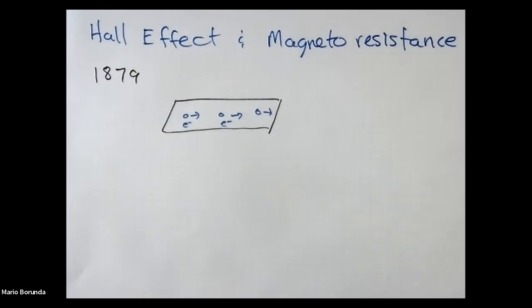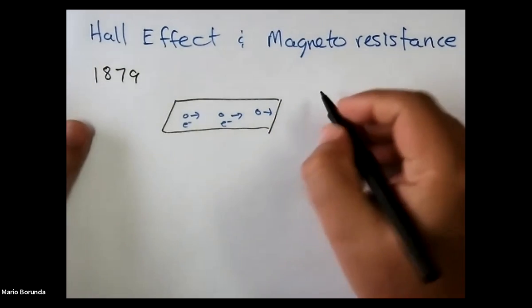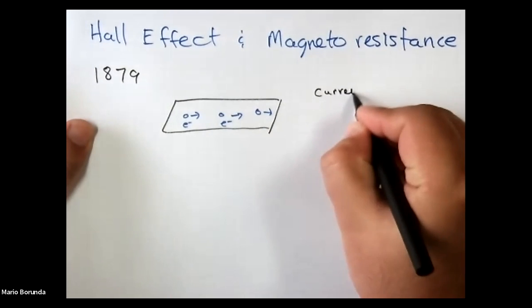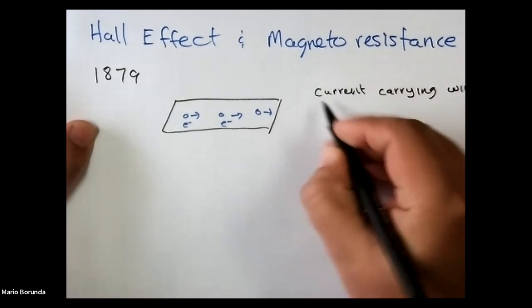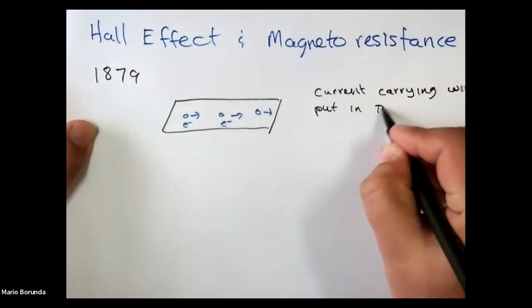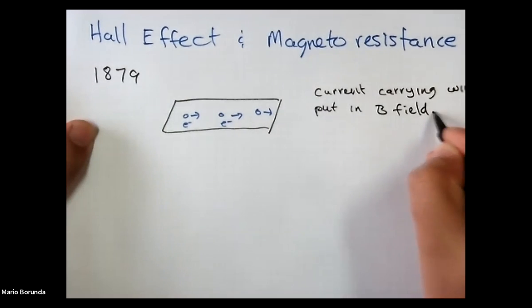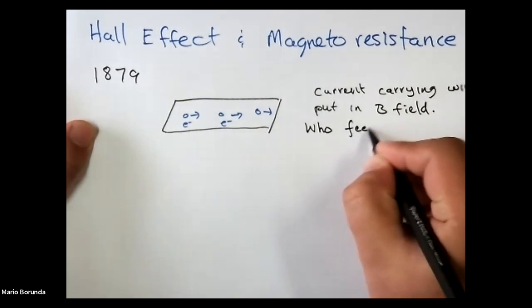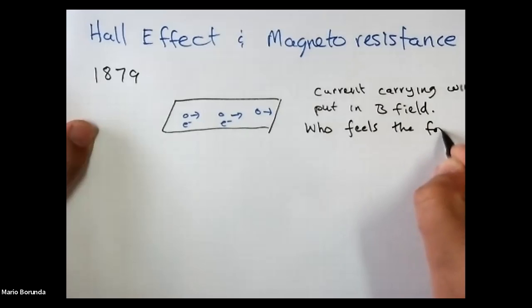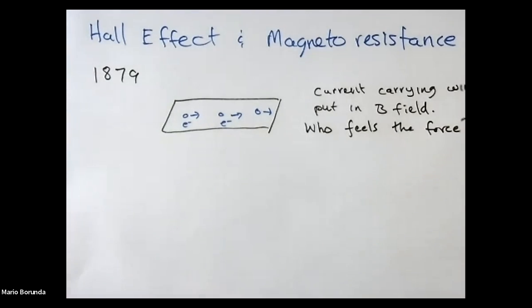If you put a current carrying wire in a magnetic field, who's going to feel the force? The wire or the charges?